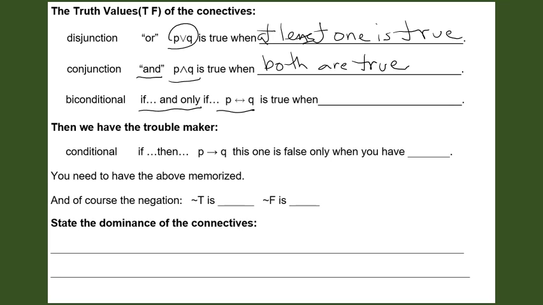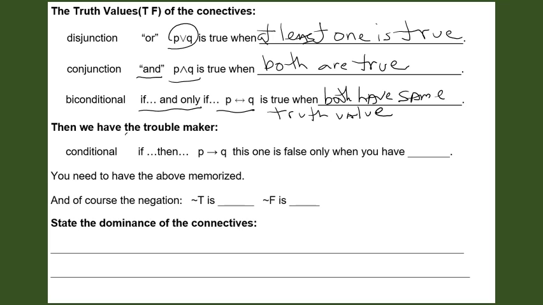So this statement is true when both have the same truth value. Okay, so this is what you should have written down. Or is true when at least one's true. And is true when they both are true. If and only if is true when they both have the same truth value.